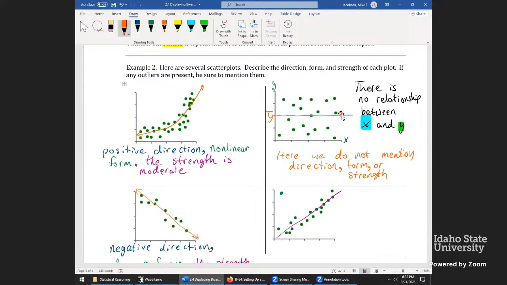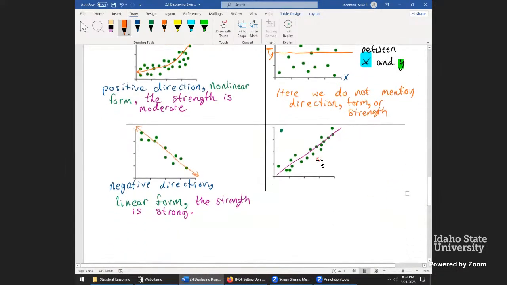Okay, well, with that trick question out of the way, this one's not too bad. First, would you say the direction's positive or negative on this plot here? Exactly, it's going up as we move left to right. So we can say here, it has a positive direction.